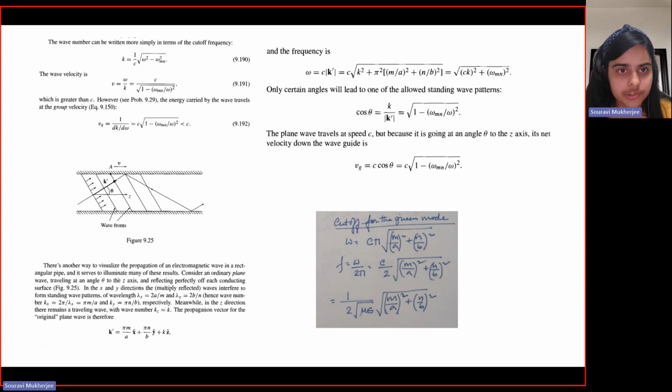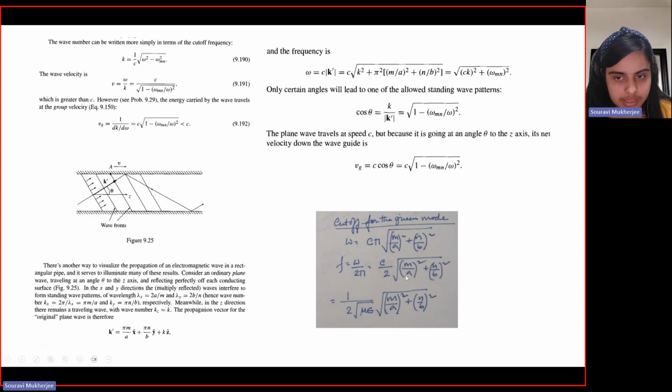And that depends on the dimensions and on the mode we are talking about. So this is the cutoff for a given mode. This is how the omega looks. So from here you can write an expression for the frequency, and this is how the expression will be. It's important to note, if you are asked what the different factors are on which the cutoff frequency can depend.